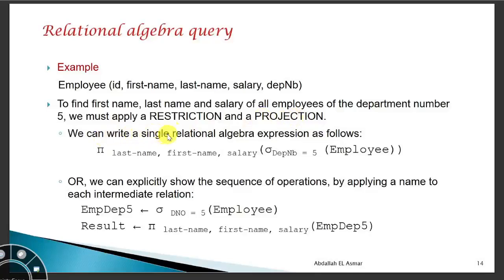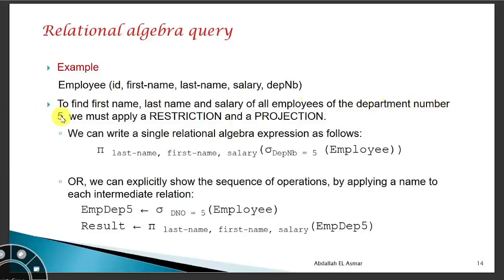So we can write a single relational algebra expression as follows. We project, because we want specific columns from this employee example, last name, first name, salary, and we want all of this applied on department number 5.